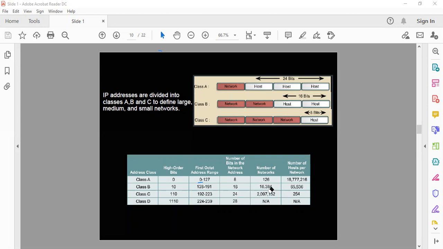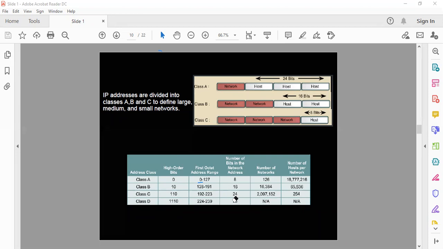While in class B IP addressing we have 16,384 networks and we have 65,536 hosts, while for class A we have 16 million hosts. In class C we have only 254 hosts and almost 2 million networks.